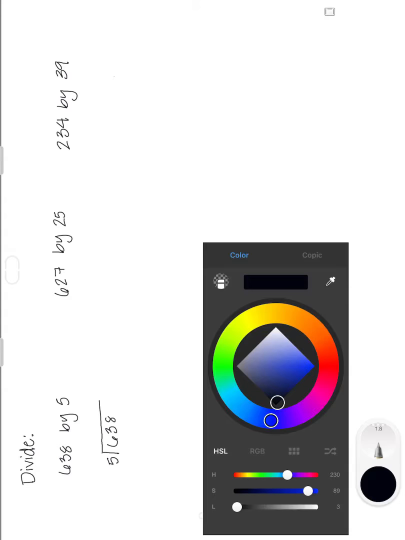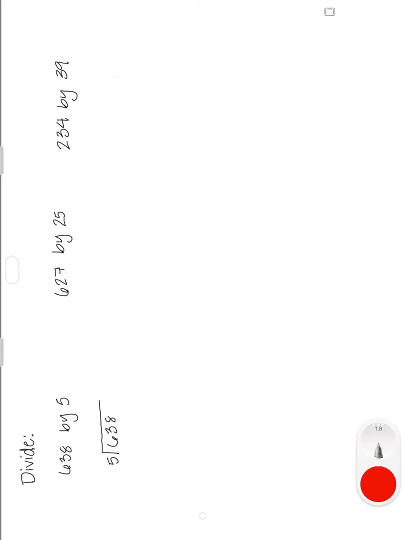So 638 is inside. What we want to do is see how many times the number outside, which is the divisor, fits in the numbers from left to right of the dividend. The dividend is the number inside. So here we ask ourselves, how many times does 5 go in 6?